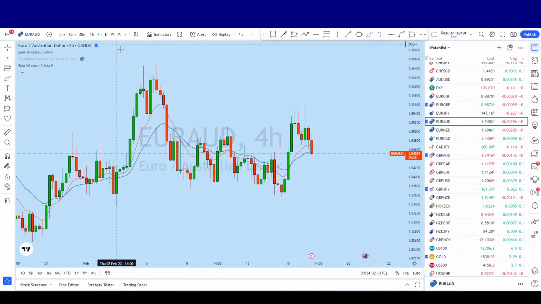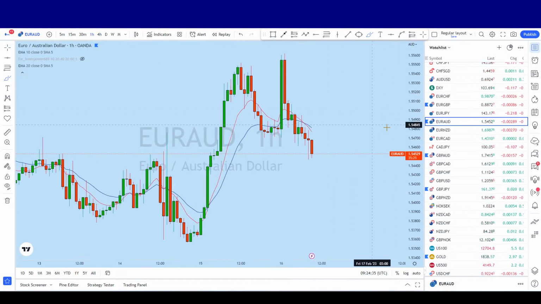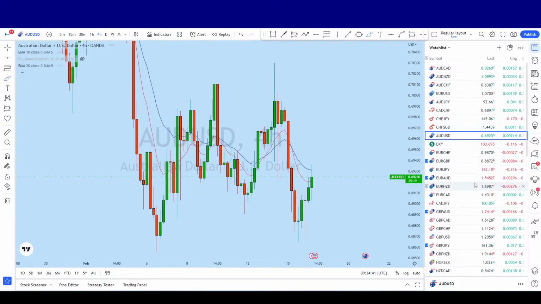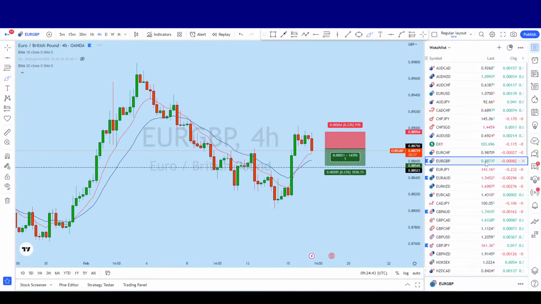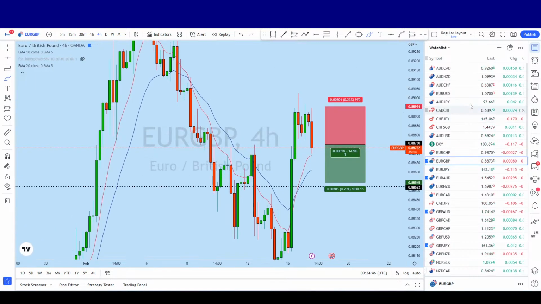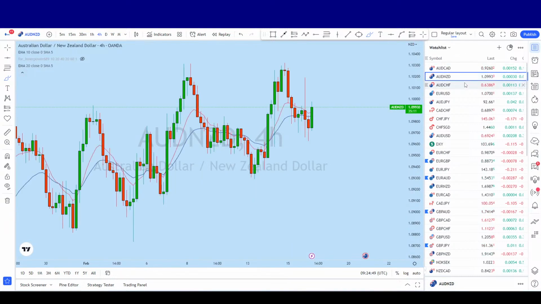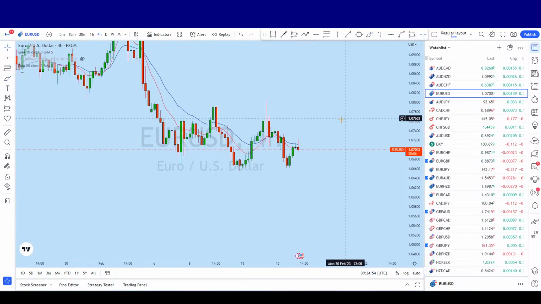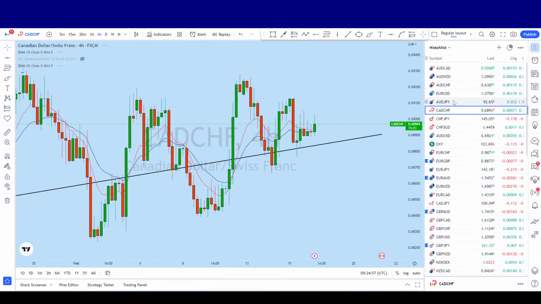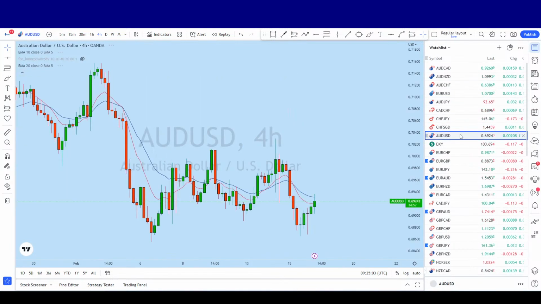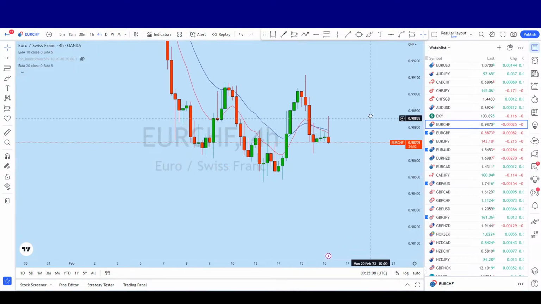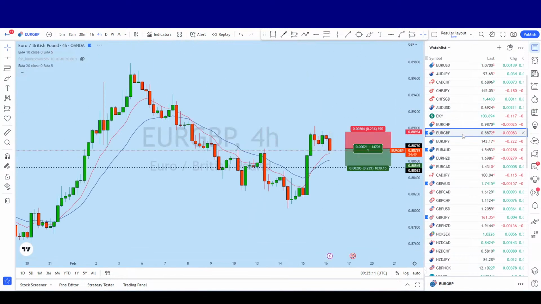Now Euro AUD we missed this one, no problem, we entered Euro GBP. Now let me look at other instruments, how they are doing. Okay, we see the weakness in euro, including Euro CHF also doing the same thing.